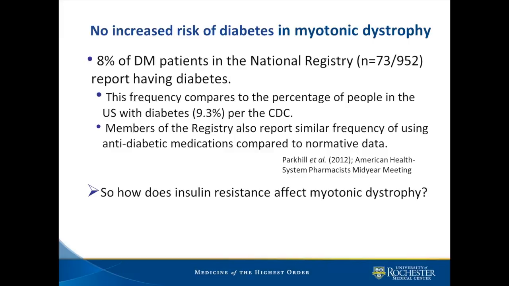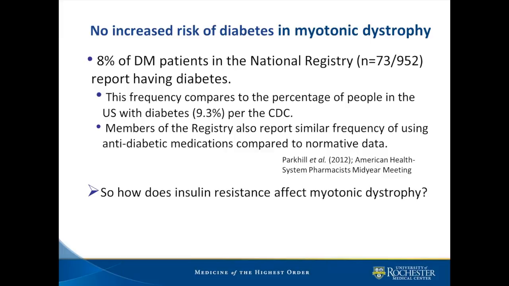And if you look at the frequency of diabetes in people in the United States, according to the Center for Disease Control, it's about 9.3%. So members of the registry reported a similar frequency of using anti-diabetic medications compared to normals.